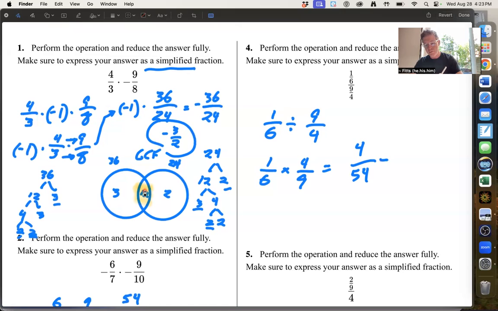So I'm going to divide this by 2/2, which equals 2/27.